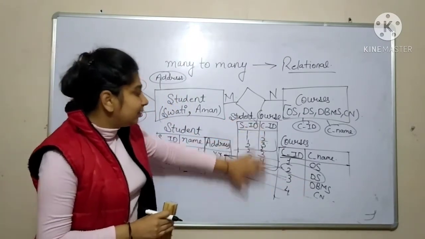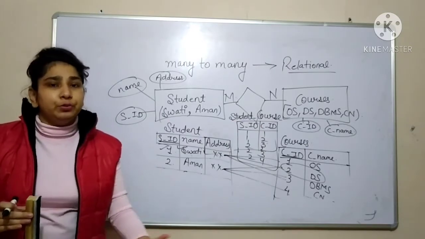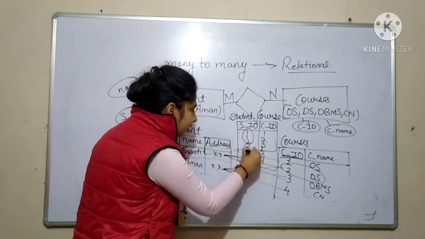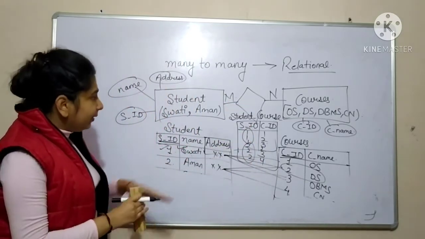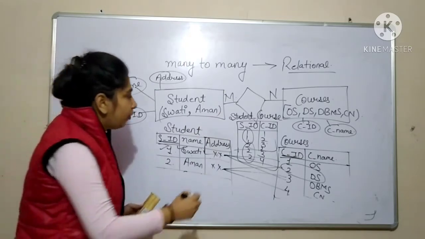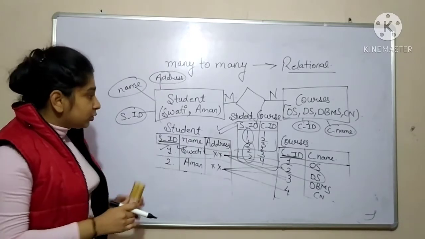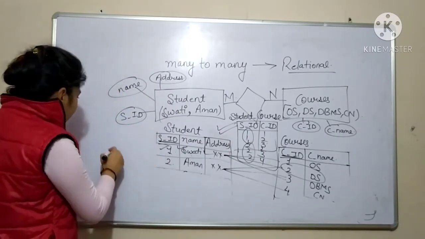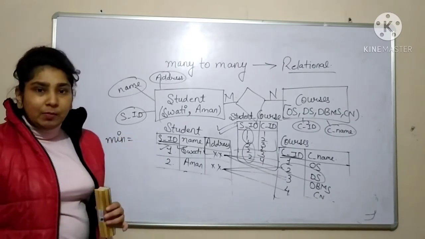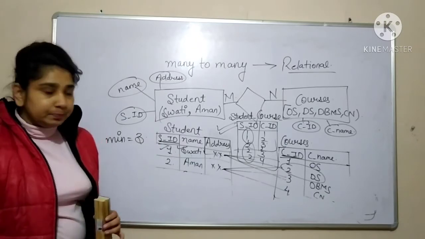If you write like this, a lot of redundancy is going to be reduced. You have a very small amount of redundant data. Okay. So, in a many-to-many relationship, we make a separate table for the relationship. So, what is the minimum number of tables we have in this case? The minimum number of tables is 3.